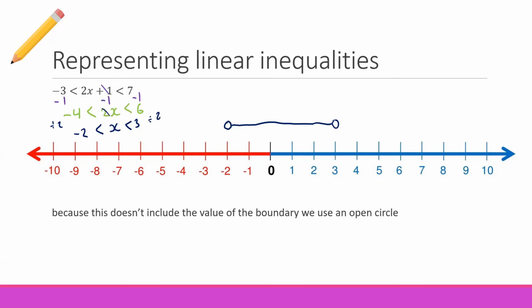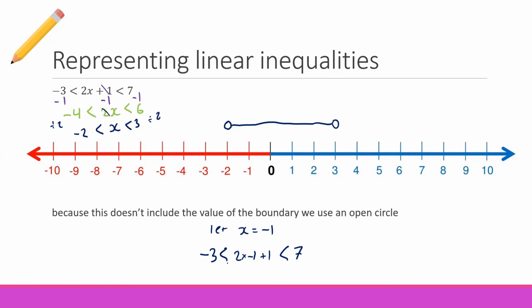Let's look at an example, actually. Let's let x equal -1. You don't have to do this, and you don't have to copy this down either. I'm just showing you guys this. If I say let x equal -1, what I'll have is -3 is less than 2 times -1 plus 1 is less than 7.